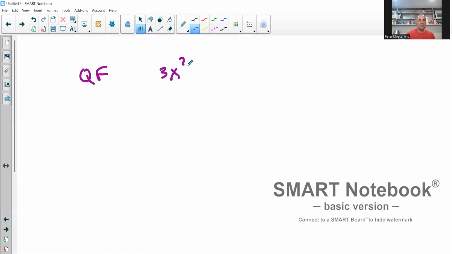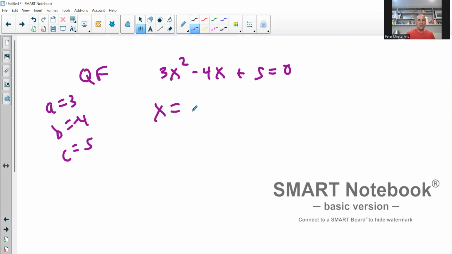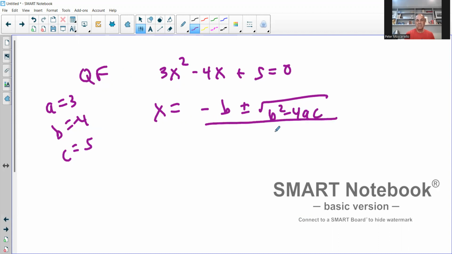This was the problem. Everything on one side, 0 on the other. So A equals 3, B equals -4, C equals +5. If you don't have the formula memorized, put it on your little card. So what do we got?